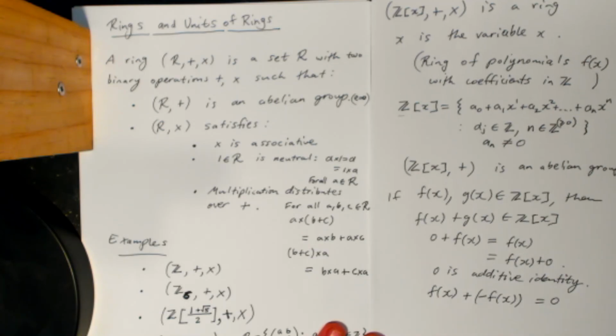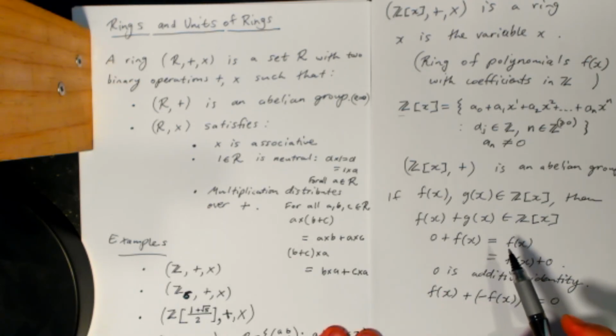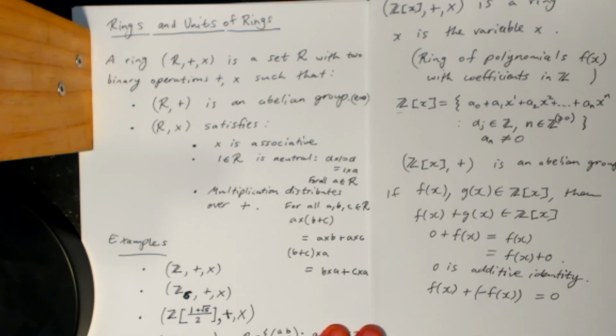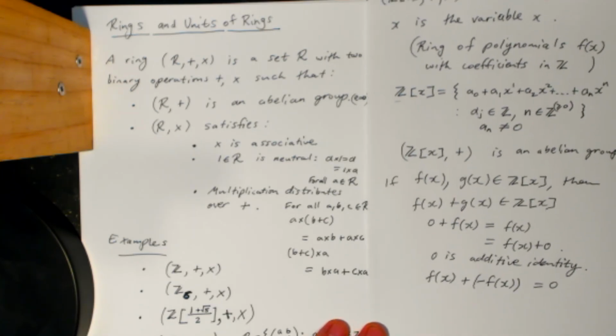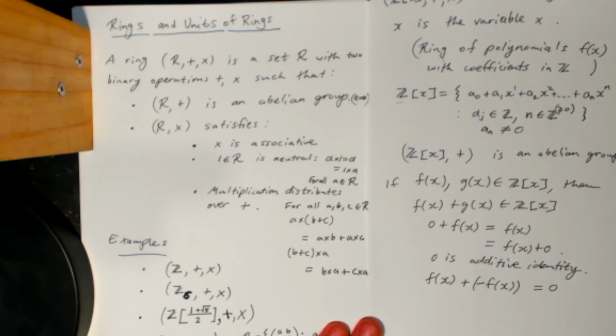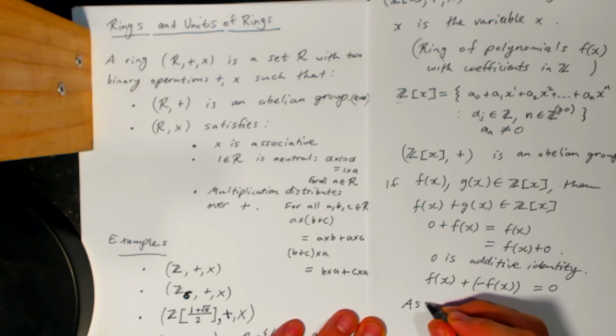So we see we have an abelian group here, and we get associativity from the associativity of the integers. Associativity is often the most difficult part of proving something is a group or a ring. So, associative.